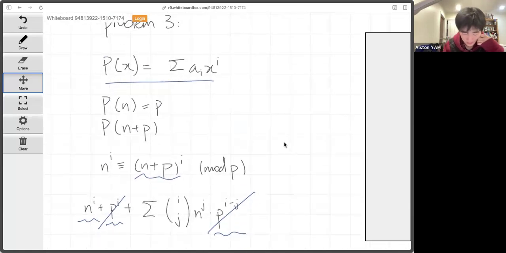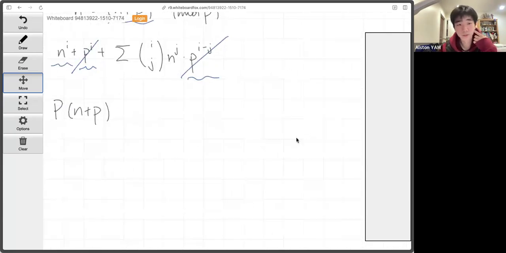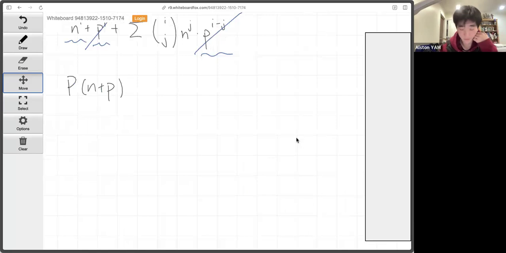We can go back and see that big P of n plus p, so it's down here. If I substitute n plus p into our polynomial, that will be equal to the sum of some coefficient times (n plus p) to the i.